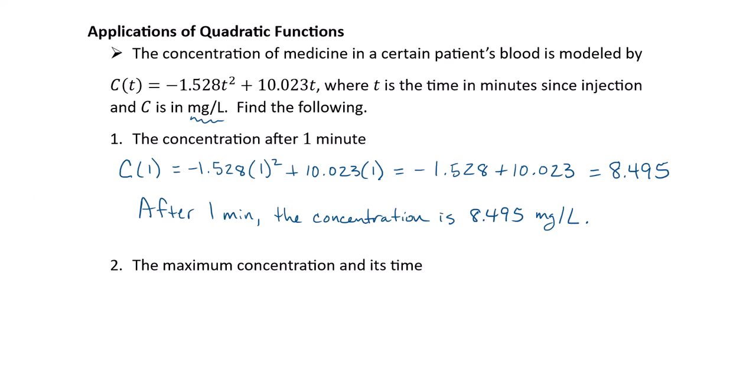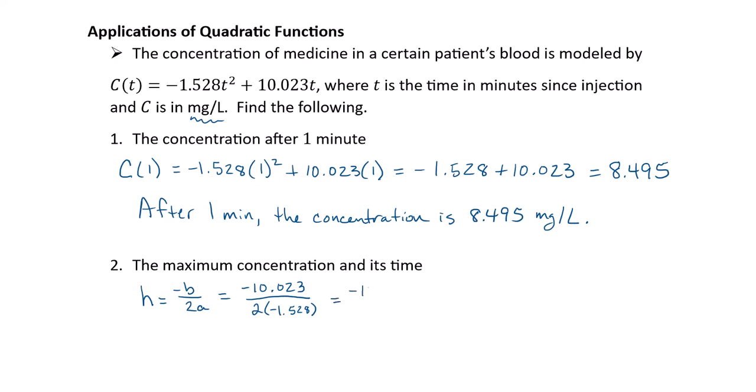Okay, so I'm looking at h being negative b over 2a. So negative b would be negative 10.023 over 2 times a. A is negative 1.528.